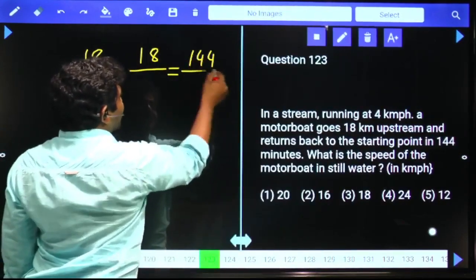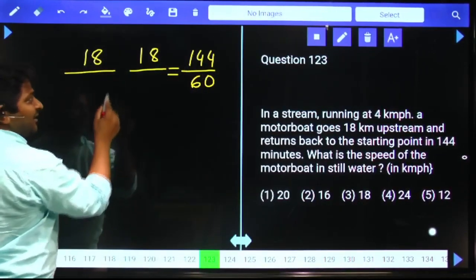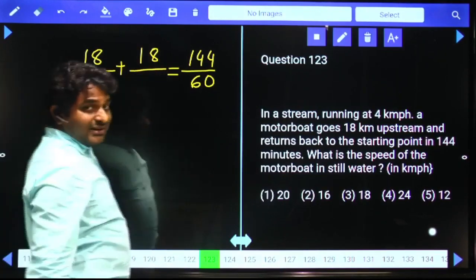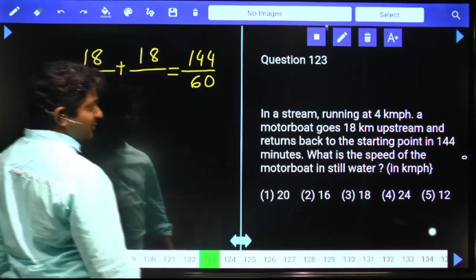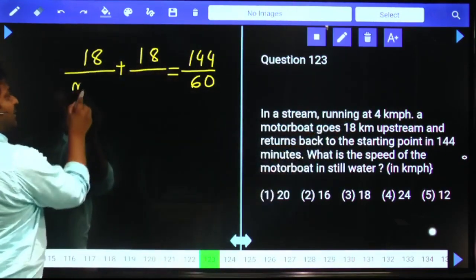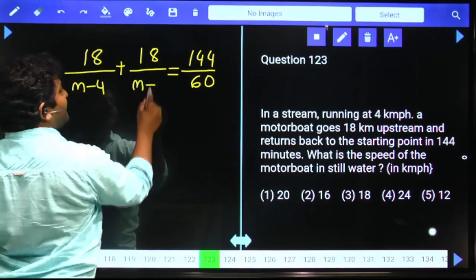Minutes converts to hours, divided by 60. This is time traveled upstream, and this is time taken to cover 18 kilometers downstream, where stream speed is equal to 4, upstream speed is equal to m minus 4, downstream speed is equal to m plus 4.